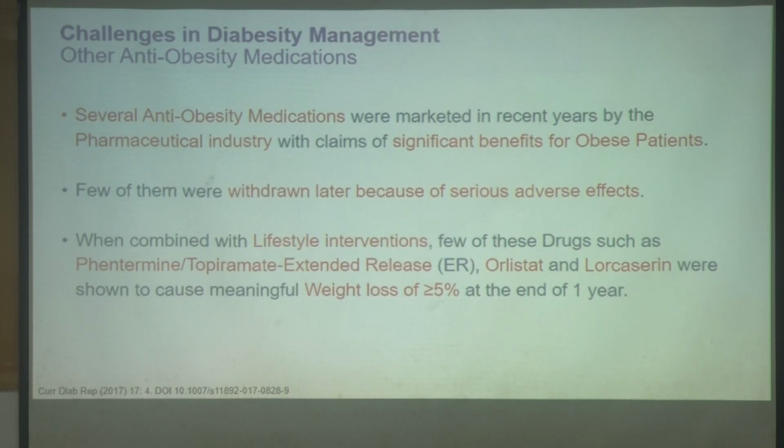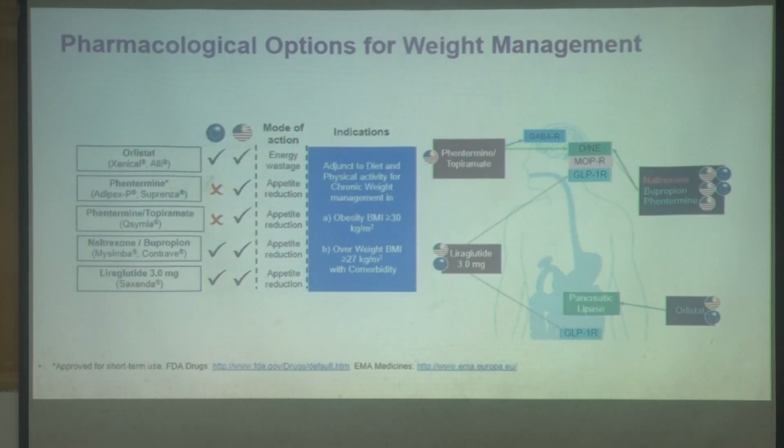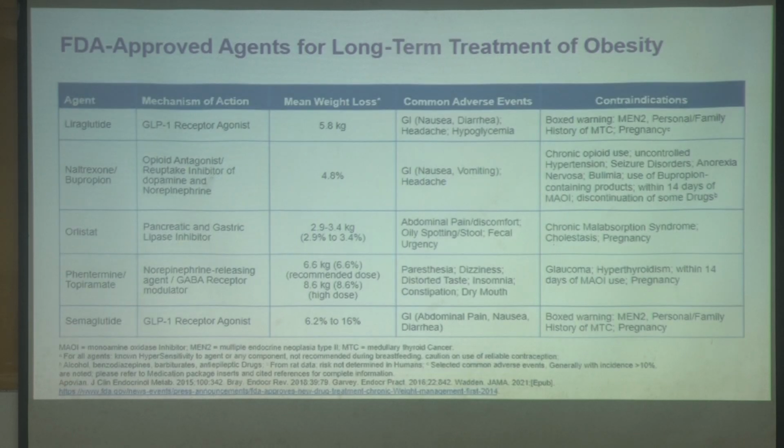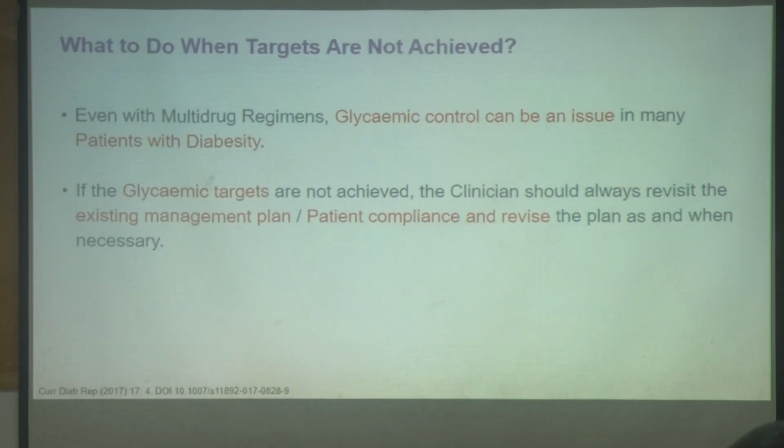Next is the role of anti-obesity medications like orlistat, phentermine, the combination with topiramate, and the naltrexone and bupropion compound. The indications are given here. That is pharmacological. Next are FDA approved agents for long-term treatment of obesity. We have liraglutide, semaglutide, orlistat and other drugs.